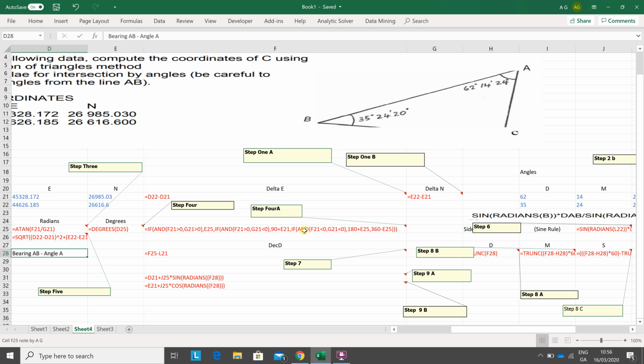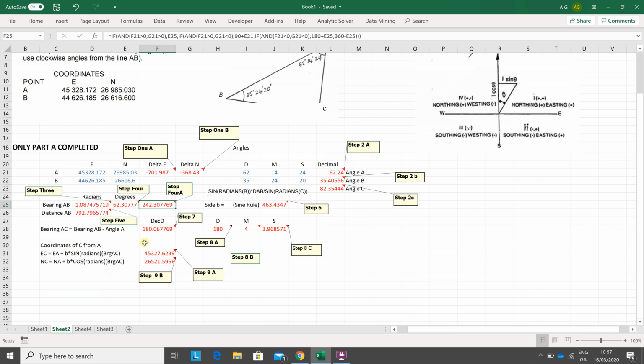You see the way I wrote it with an and statement, they're all with an and statement. So if F21 and G21 are both negative, well then it's 180 plus the angle. Otherwise, you're in quadrant 4, and if it's in quadrant 4, it's 360 minus the angle. Okay, so that gets us what the real angle is, which is 242.